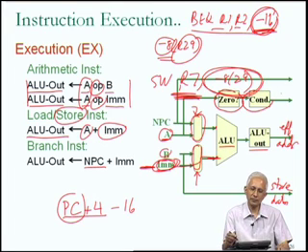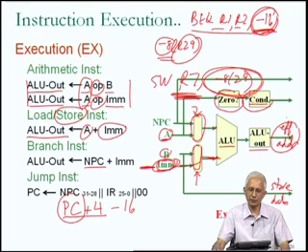Therefore at the end of this step of the instruction execution, we have an additional register called cond or condition, which will either contain the value 1 for true or the value 0 for false, which will be used in subsequent steps of instruction execution to either change the value of the program counter towards the target address, which is available at the output of the ALU, or not to change the value of the target address.